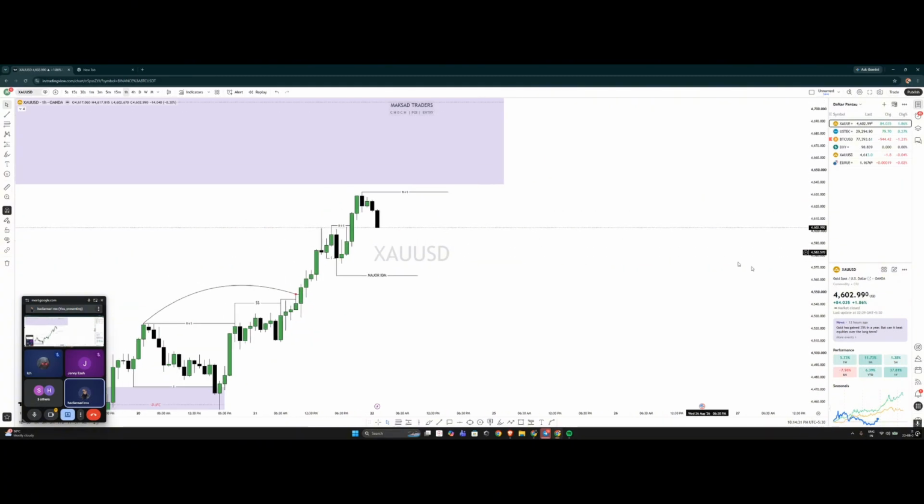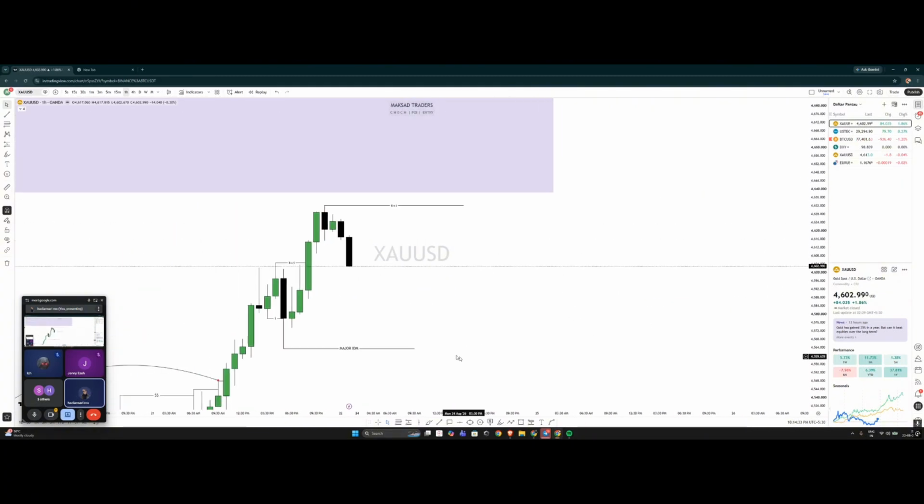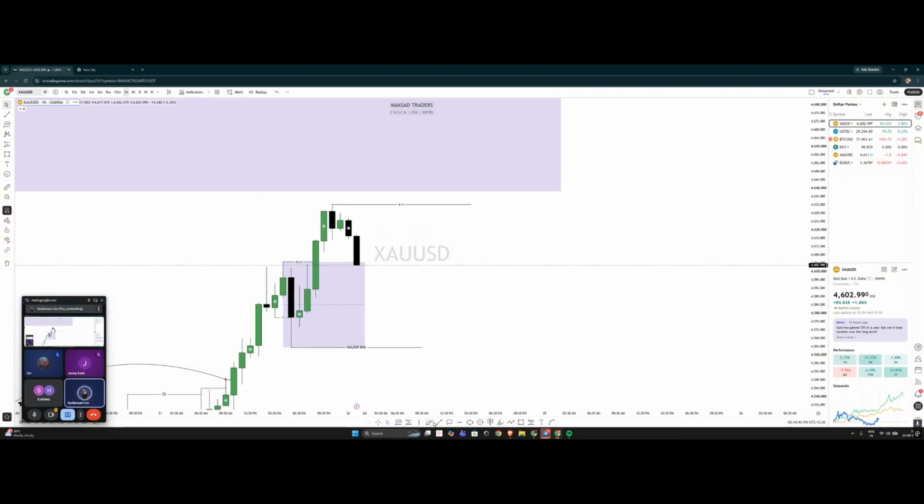Now, we need to figure out if this order flow is going to hold the market or not. If we see any grab of liquidity here, then we can continue going bullish like this. So this is what you have to figure out. Maybe on lower time frame, we'll see a cleaner image.